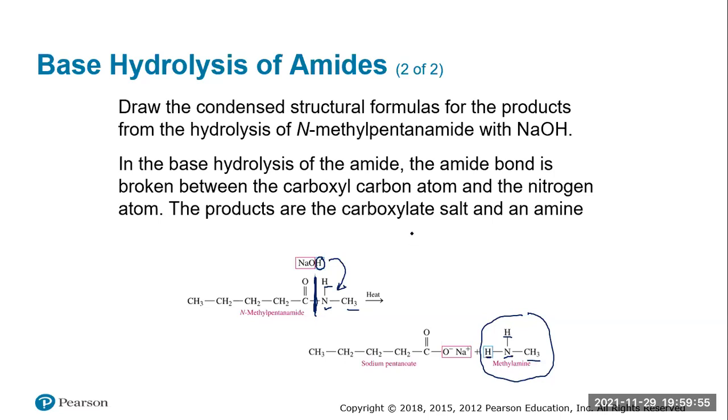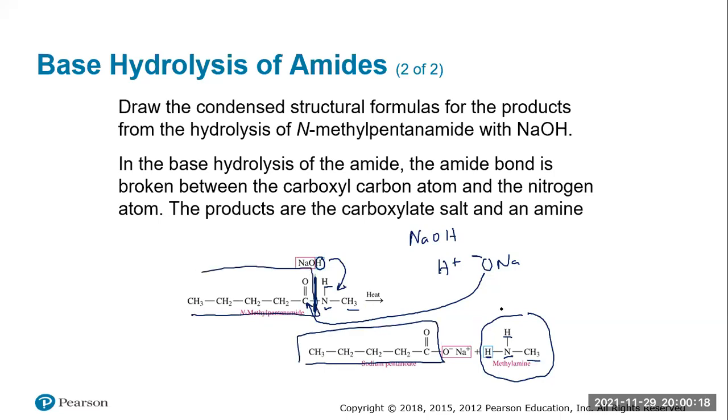Remember, we talked about how you could think of sodium hydroxide in this case as H+ and ONa-. What's left goes into here, and that's what we get at the end. Everything here is exactly the same as up here, and then that's our ONa that comes into here. The oxygen connects.